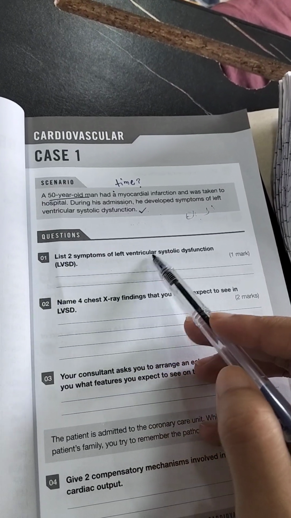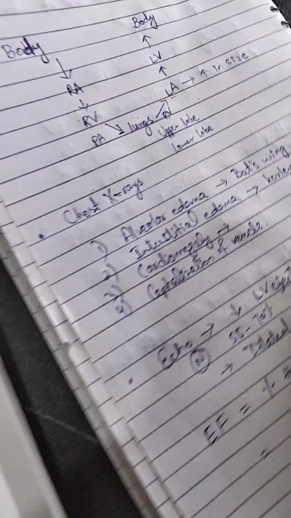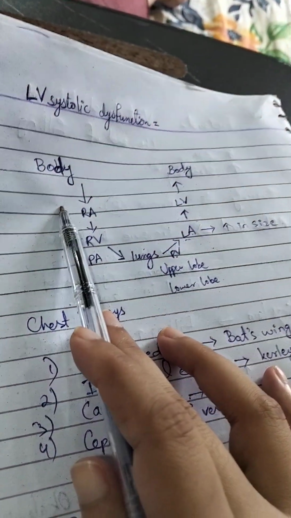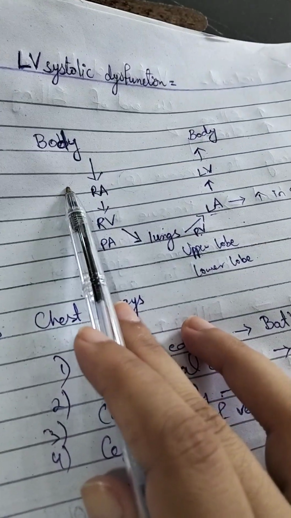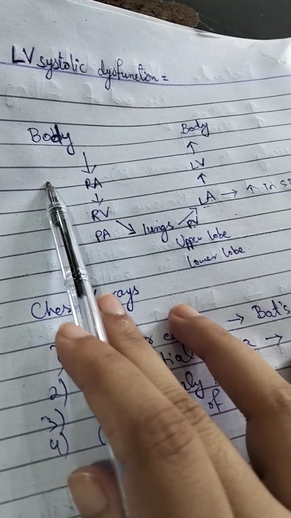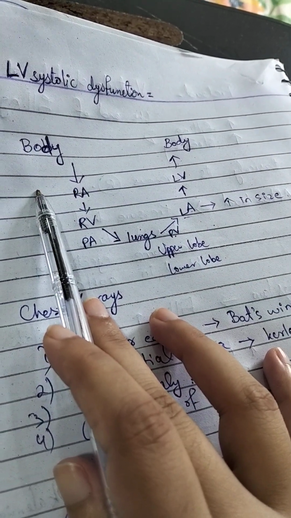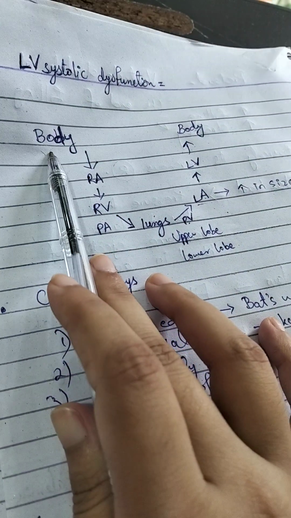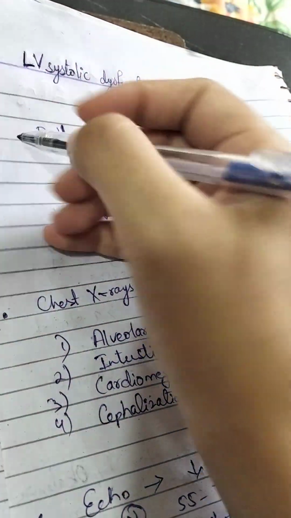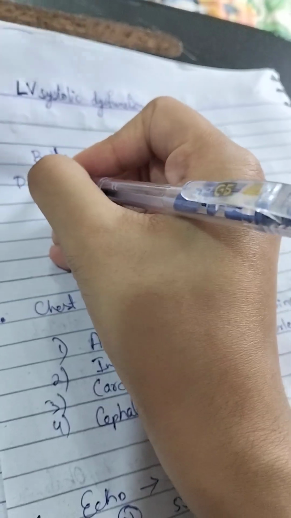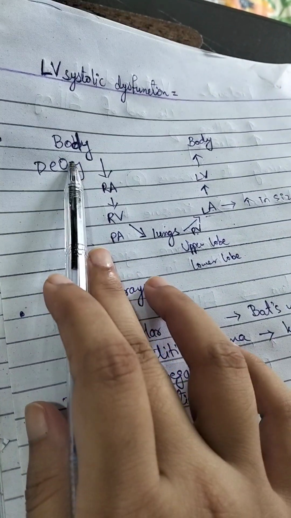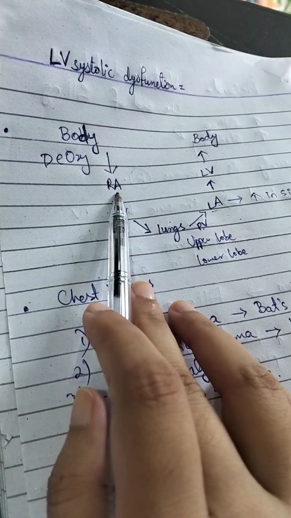List two symptoms of left ventricular systolic dysfunction. For this I have shown you this flow. This is a very important pathway, and I have explained it in a simpler way. Deoxygenated blood travels from the body and enters the right atrium.